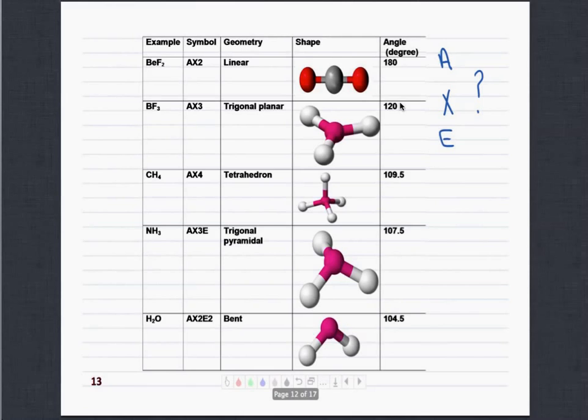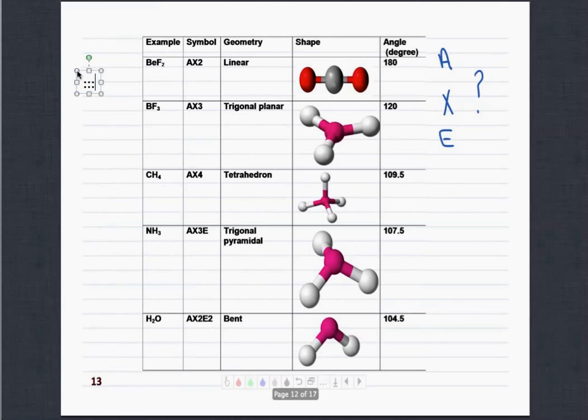So let's say I have BeF2, and I'm going to insert it here. We just drew the Lewis structure of that minutes ago, which is this. A represents the central atom, which is Be. X represents the terminal atoms.